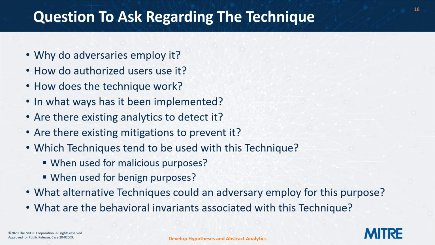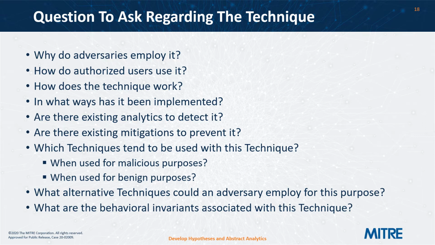In addition to techniques an adversary might use in conjunction with each other, it might also be helpful to think through the alternatives an adversary might have. If you succeed in stopping an adversary from using a given technique, what would their plan B look like to accomplish their goal? What other techniques exist within that same tactic?